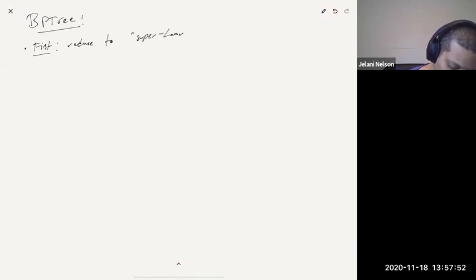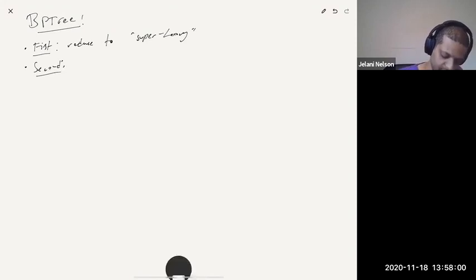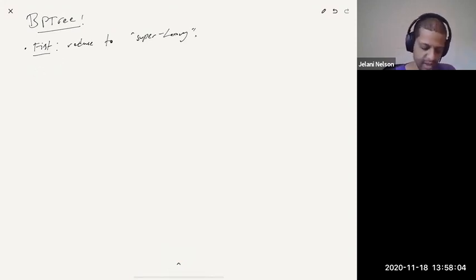So the BP tree. First step, reduce to the super heavy problem. When I say reduce to super heavy, I haven't told you what super heavy means, but I'll tell you.